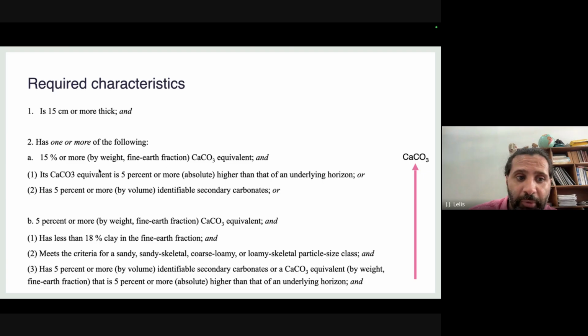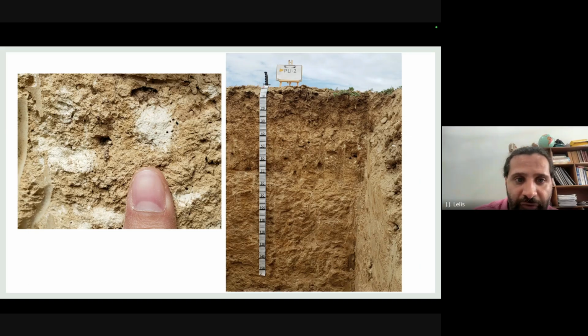So the calcium carbonate content in, for example, the B horizon should be 5% or more higher than the C horizon, or another B horizon, but higher than the underlying horizons, okay? And it should have 5% or more by volume of identifiable secondary carbonates, as in this photo that I'm showing you.